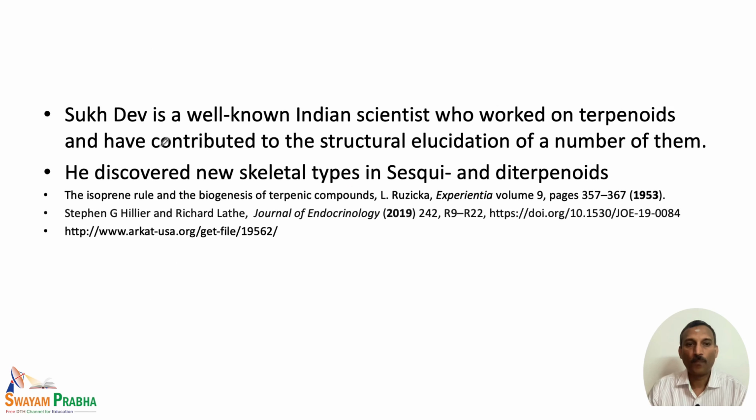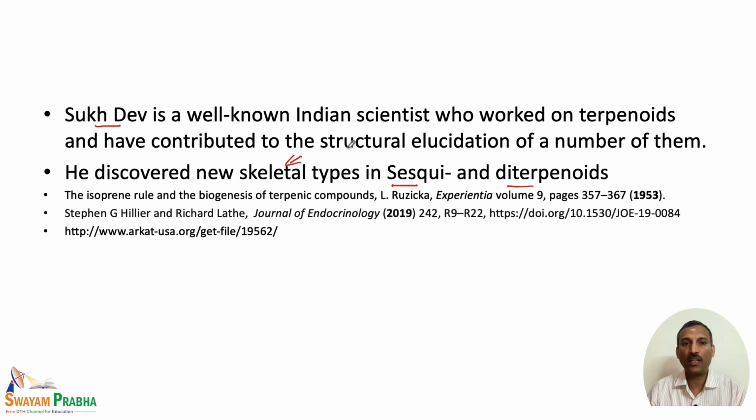And in fact, when we talk about India, Sukh Dev is a very well-known Indian scientist who worked on terpenoids. He discovered a couple of new terpenes, like sesqui- and diterpenoid compounds. He identified new skeletal structures, which he isolated and characterized.